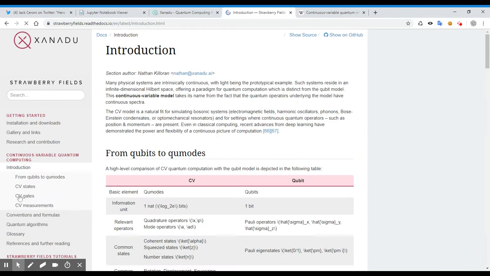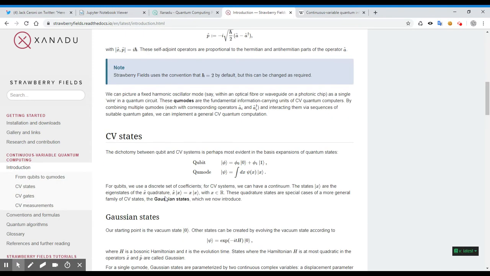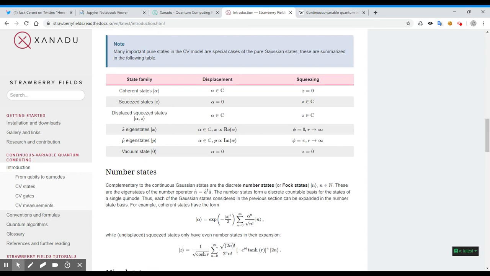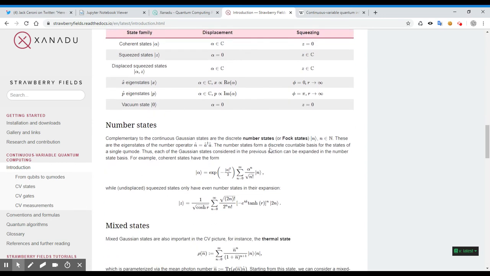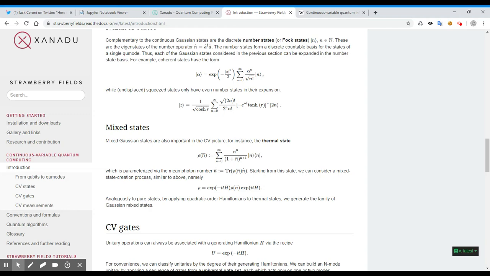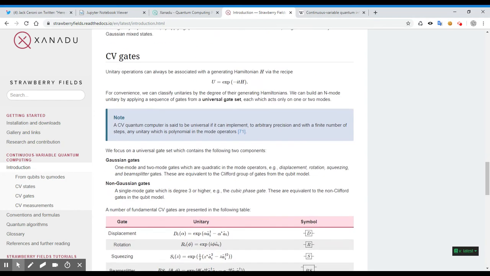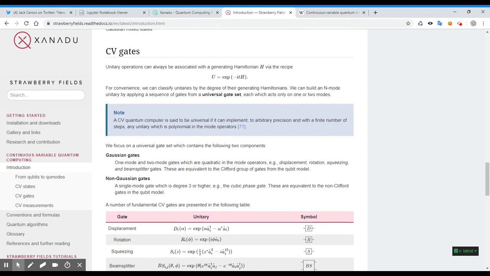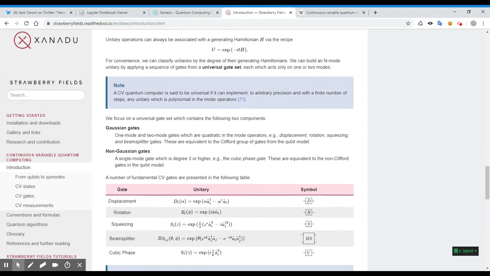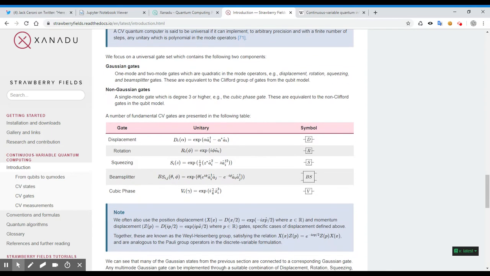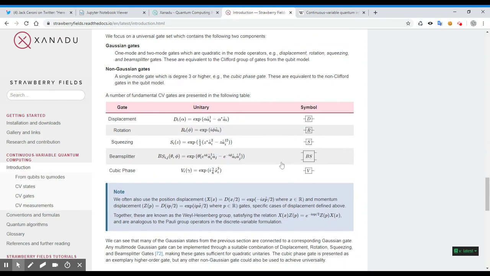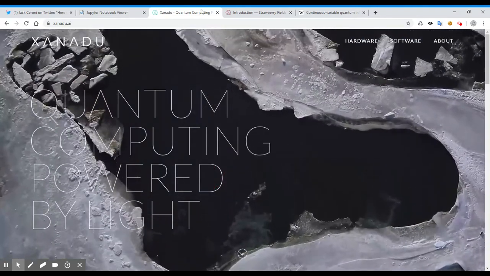Introduction. Here you've got the stuff. CV states. Squeezing states and all that stuff. Unitary operations can be associated with a generating Hamiltonian. Gaussian gates, non-Gaussian gates. Yeah. Anyway, I think.